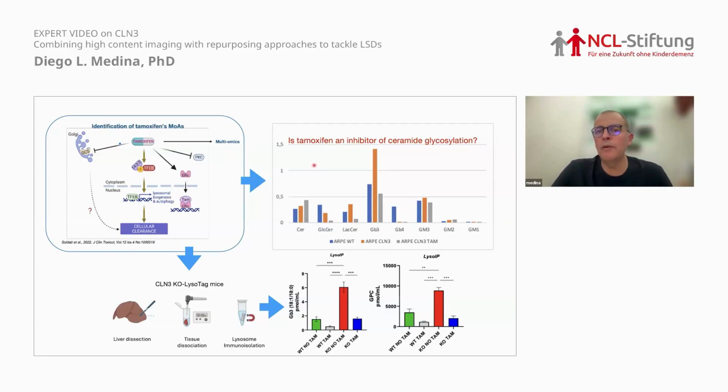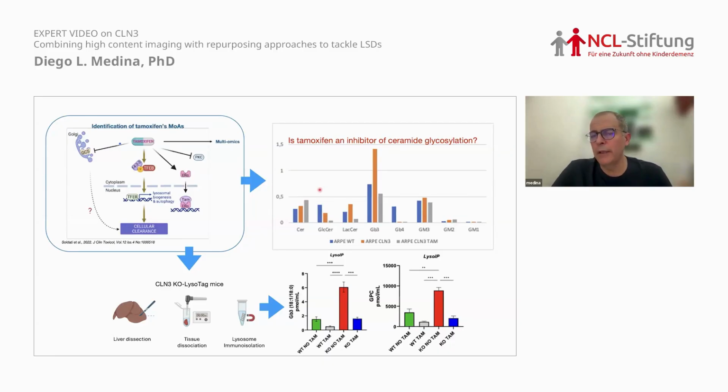Regarding lipidomics, we performed a whole lipidomics analysis using tamoxifen in ARPE-19 CLN3 knockout cells, and we found that compared with the untreated CLN3 cells, tamoxifen can significantly reduce GB3, as you can see in the bar plot, but also reduce glucosylceramide levels and increase ceramide.